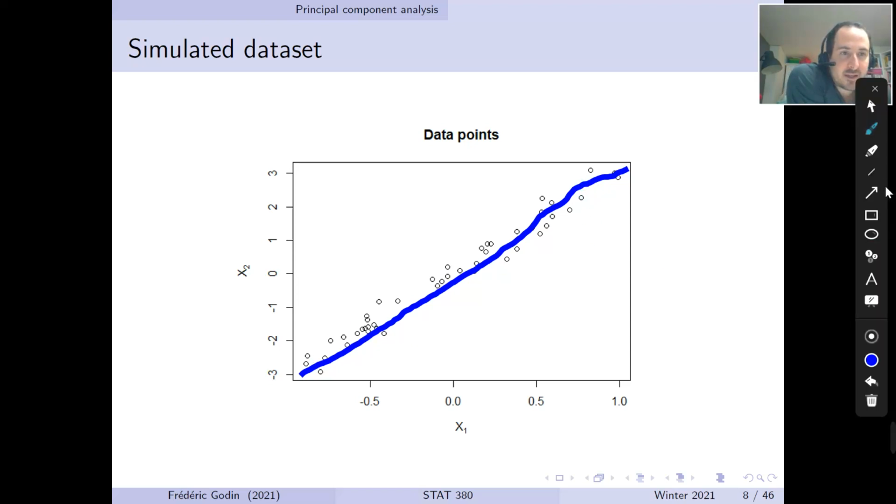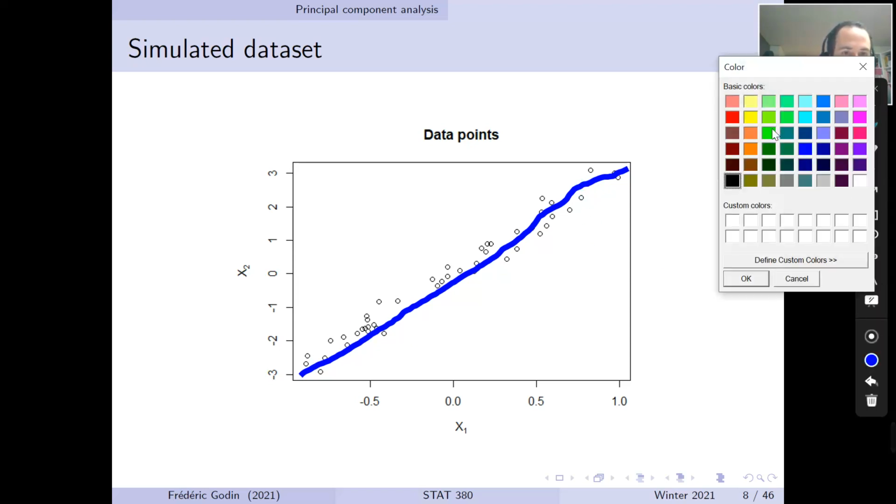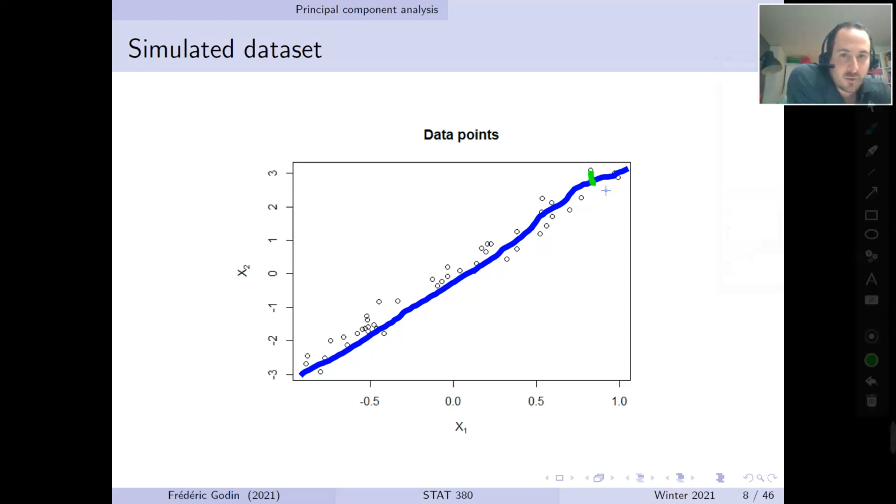Okay, so basically we could try to find the projection of all points on this line. Maybe this one would be here and this one would be here, and we can see that the observations where their projection on the line is very close are pretty similar. Okay, so here these observations would be very similar to each other, etc.